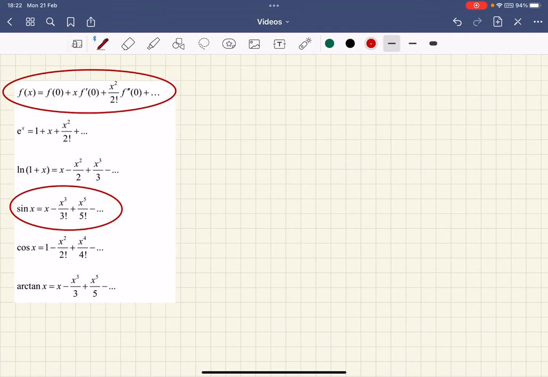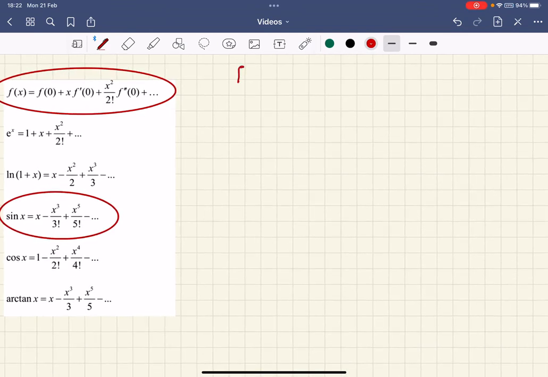So we're going to start off with f(x) is equal to sine x, and the first thing we need to do is find out what f(0) is, and f(0) is sine 0, which gives me nothing.